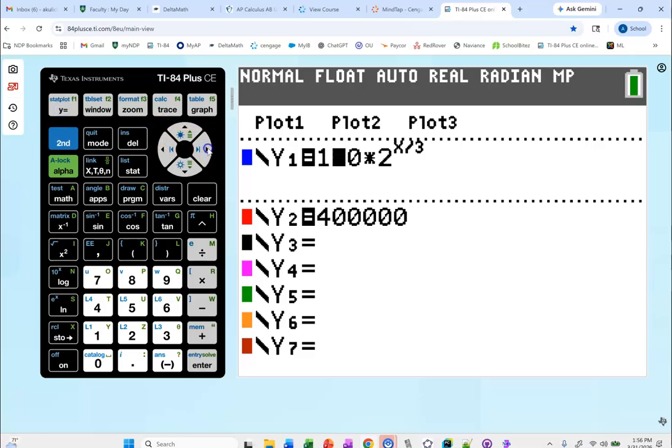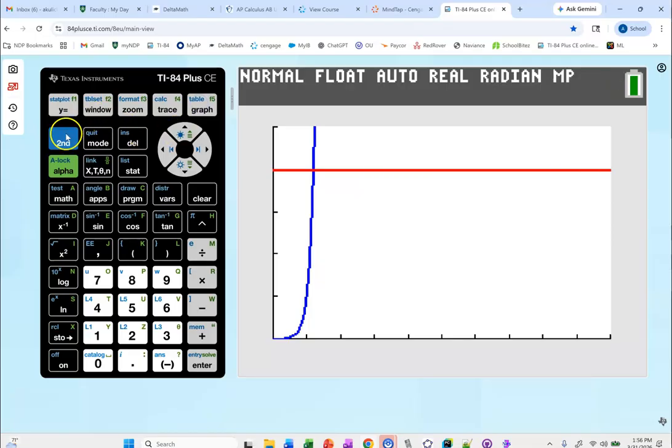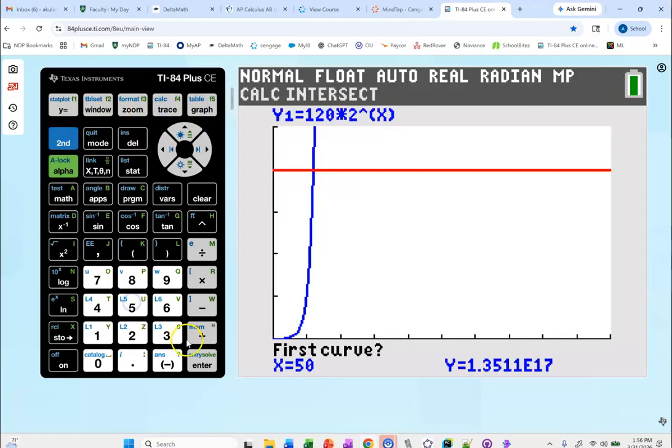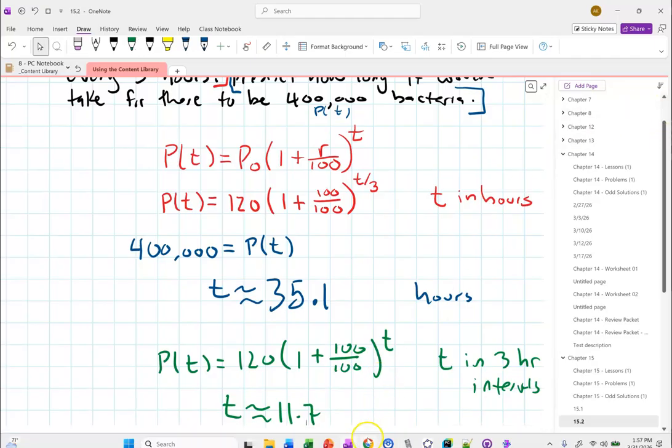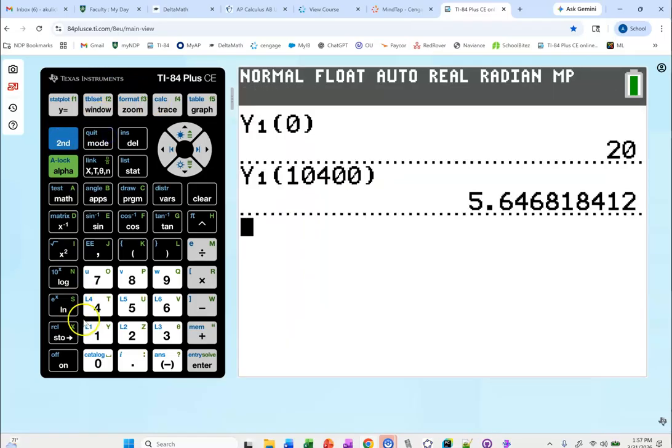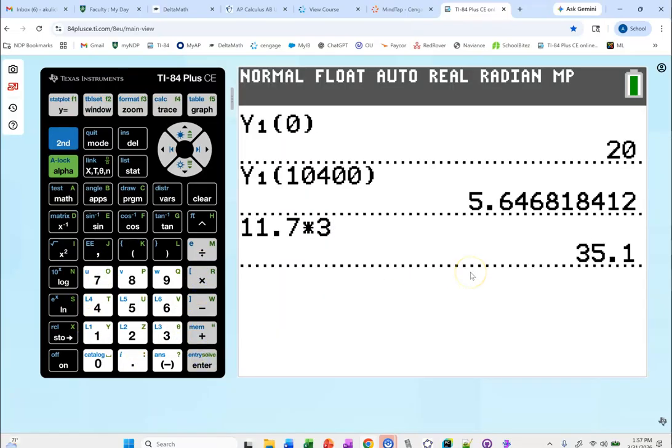If I change this, graph again, and find the intersection, I get 11.7. But notice that if I take 11.7 and multiply it by 3, guess what I'm going to get? That same 35.1 that I got before. So these two answers are equivalent. They're just in different units.